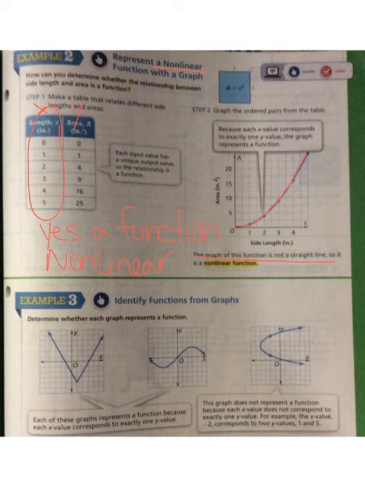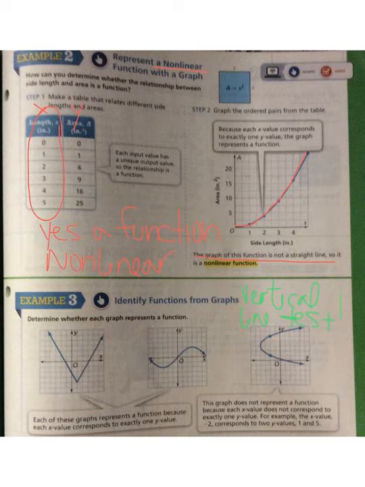And we have something called the vertical line test. I want us to write that down, and I'll go more in depth in class when we're back together. The vertical line test.